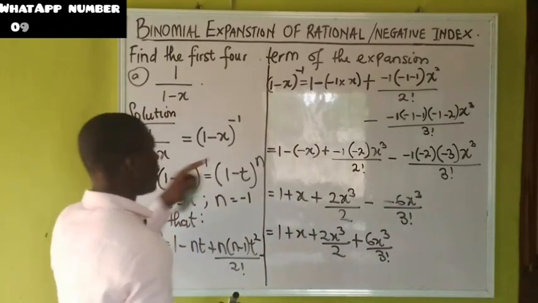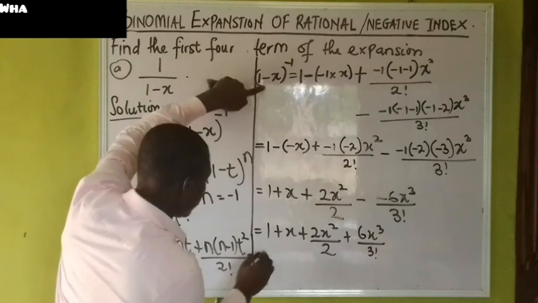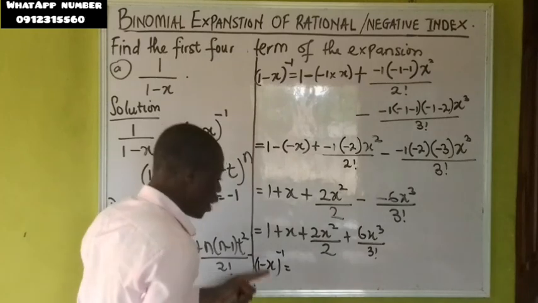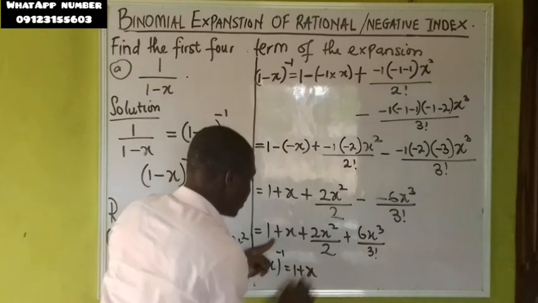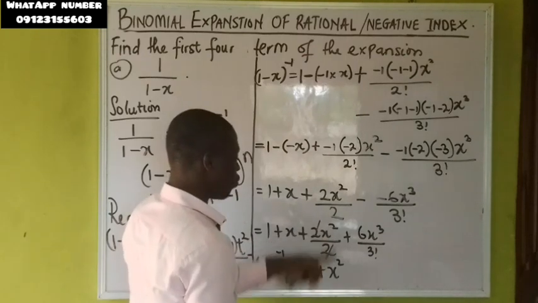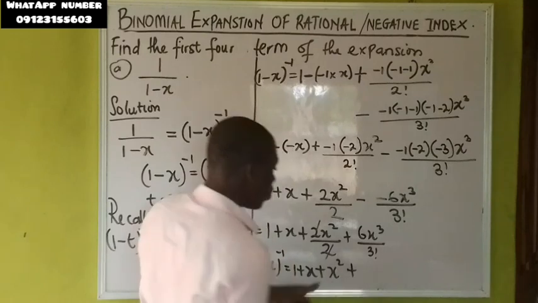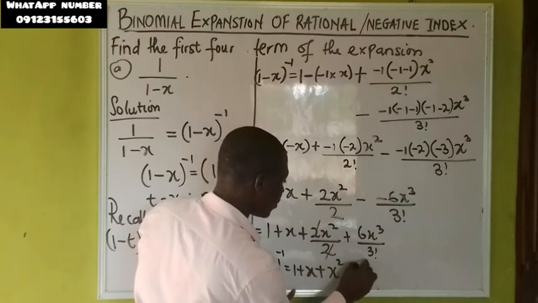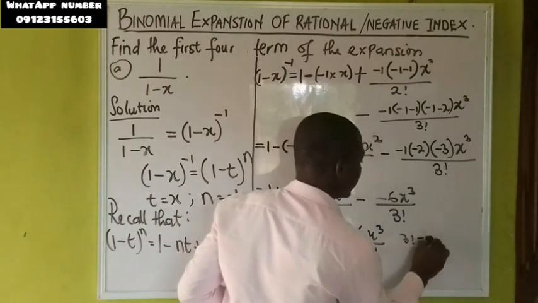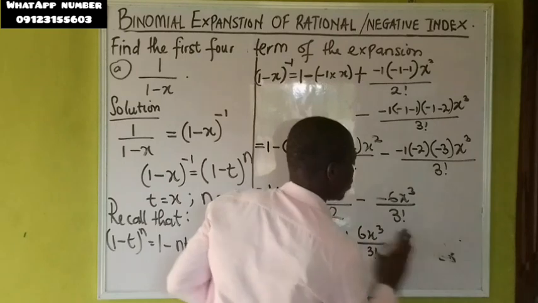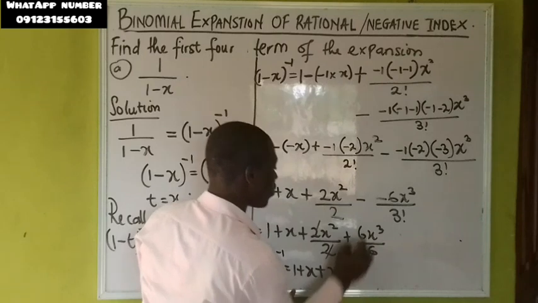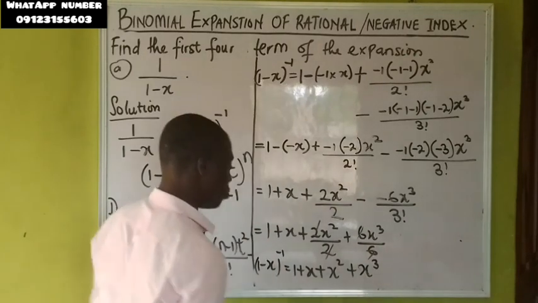At the end, if I expand this term, 1 minus x to the power of minus 1, I'll be having 1 plus x plus, 2 cancels out 2, I have x squared, plus this is 6. We said 3 factorial is 3 times 2 times 1, that is 6. So 6 cancels out 6, I have x cubed.